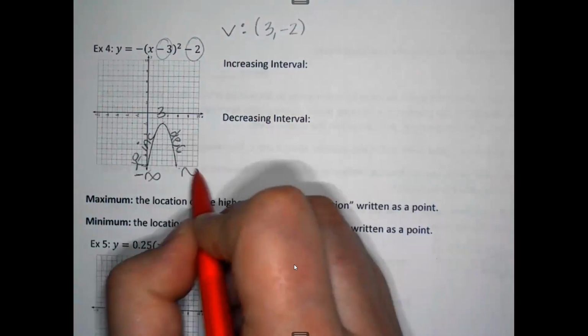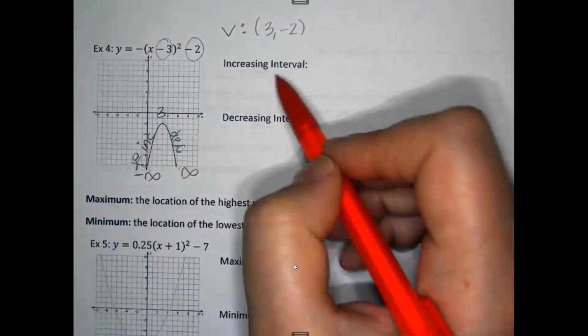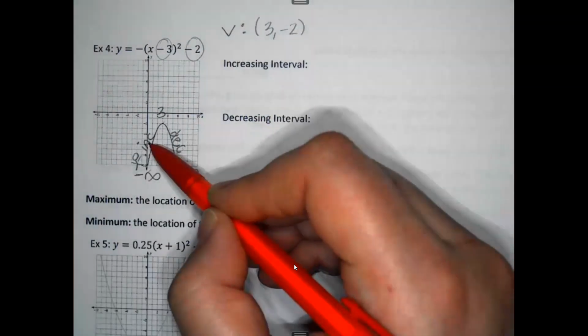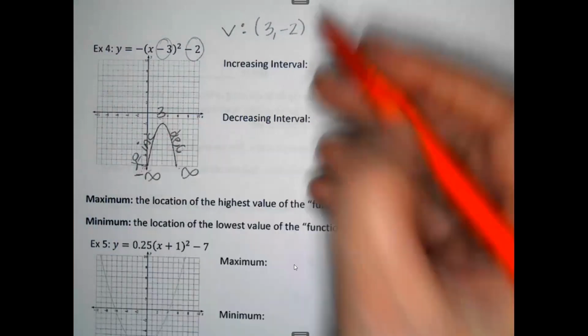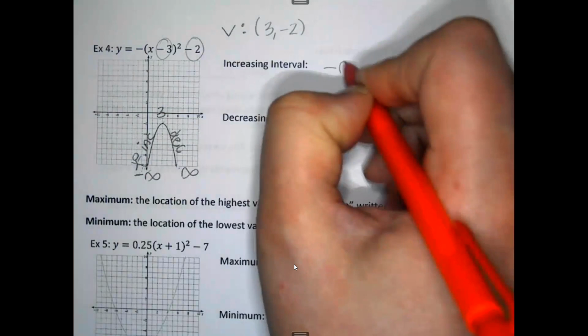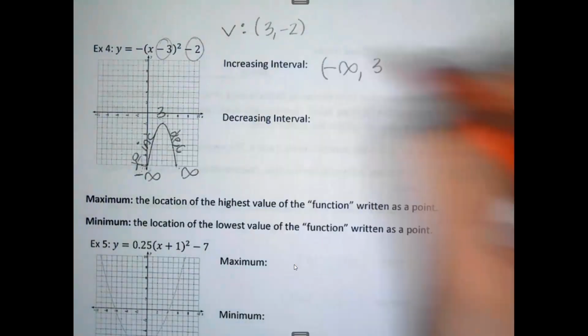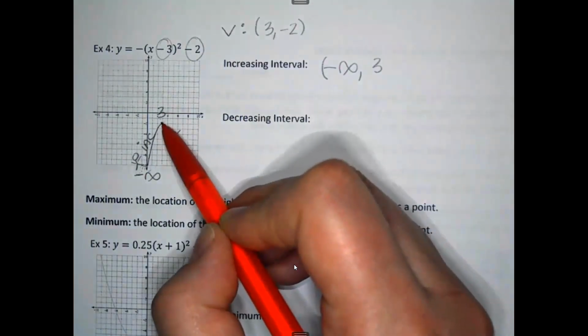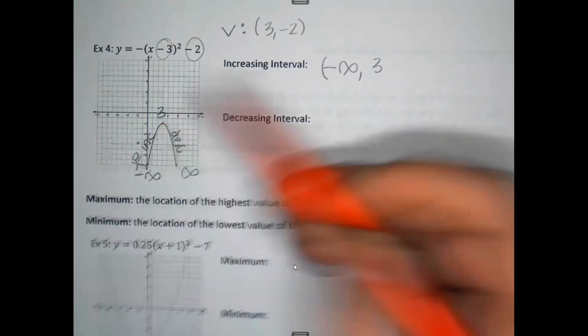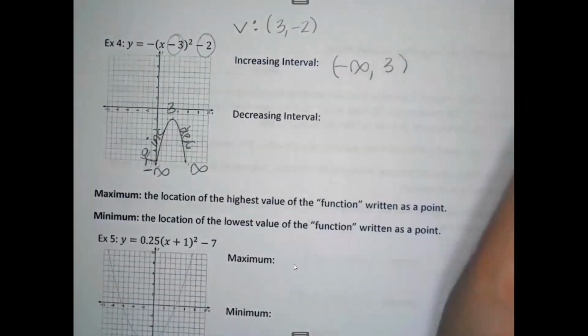And what number is the right arrow? Infinity. Okay. So the word increasing is between what numbers? -infinity and 3. Always a parenthesis. When he's standing at the very top, is he still increasing? No. Okay.